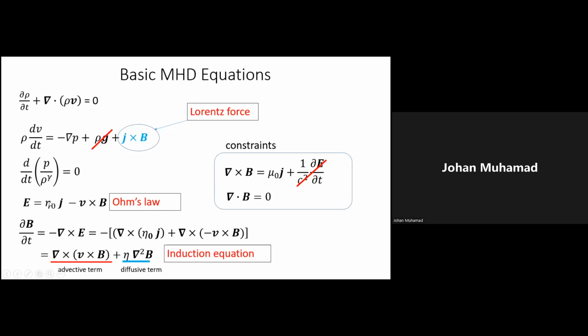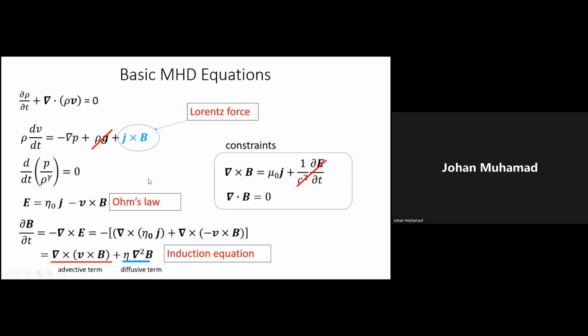We have the electric resistivity, and then the current density J. And the second one, we already saw in the previous slide: if we have a particle moving around a magnetic field, then we have something like the Lorentz force, V cross B. So basically the electric field consists of two parts, the J part and the V cross B part. This is what we call Ohm's law.